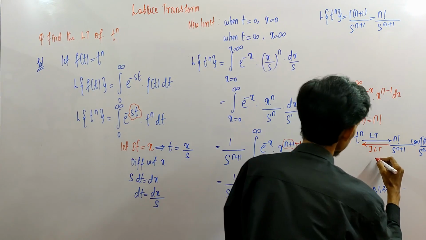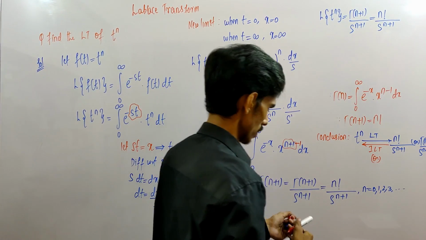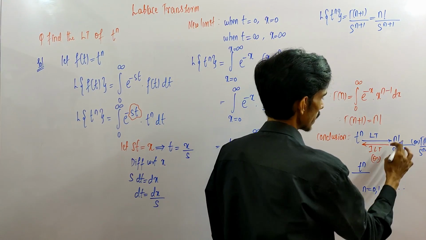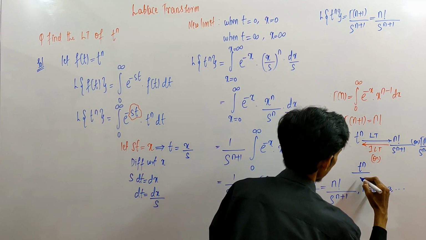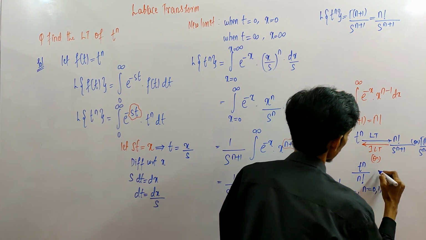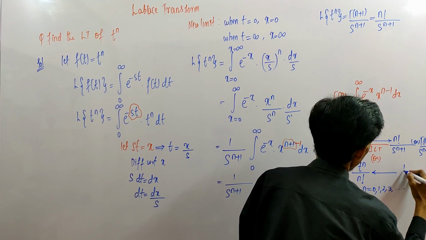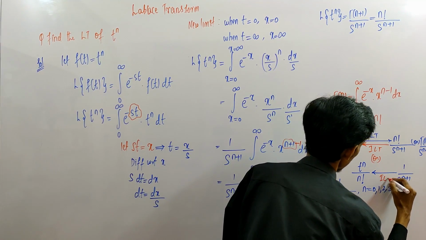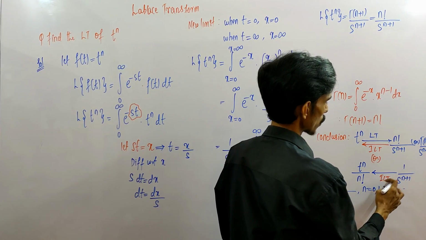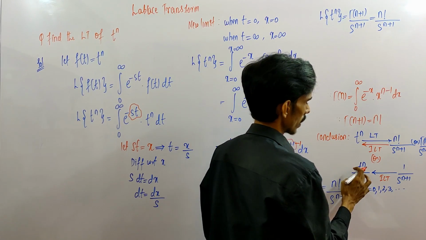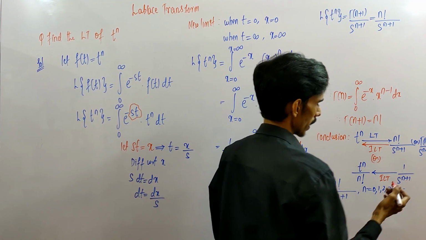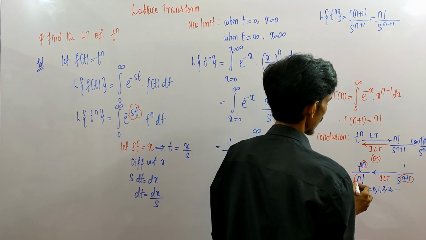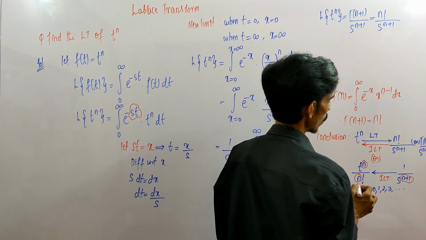Or we can modify this: sending this n factorial across, we have t power of n by n factorial as the inverse of 1 by s power of n plus 1. That is the inverse Laplace transform: the inverse Laplace transform of 1 by s power of n plus 1 is t power of n by n factorial. Here we have n plus 1 in the denominator, and n factorial in the result, so we have to take one value less from here.